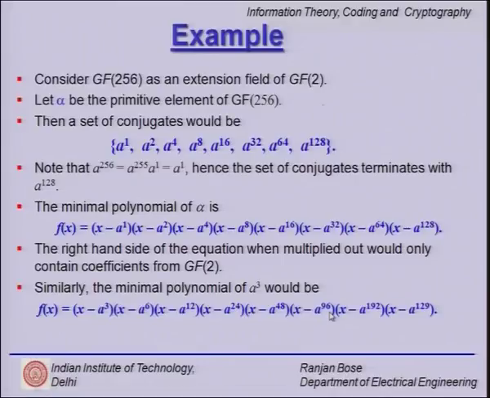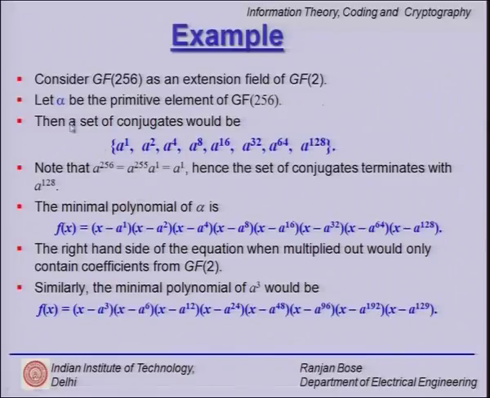So, let us look at a simple example. Consider GF(256). Now, if you try to do this by the standard technique, you may have to work a little harder, but GF(256) as an extension field of 2 can be easily factorized.